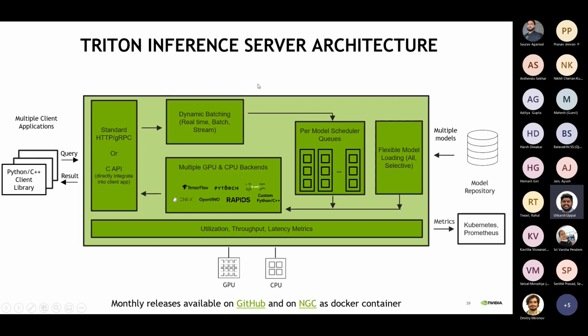So Triton Inference Server supports multiple backends. You can deploy a Python model, a PyTorch model, a TensorFlow model, a TensorRT model. There is also the Forest Inference Library backend for machine learning models. You can leverage that. OpenVINO is also supported, right? Different backends are supported.